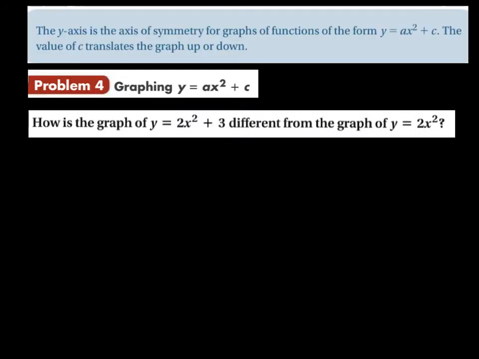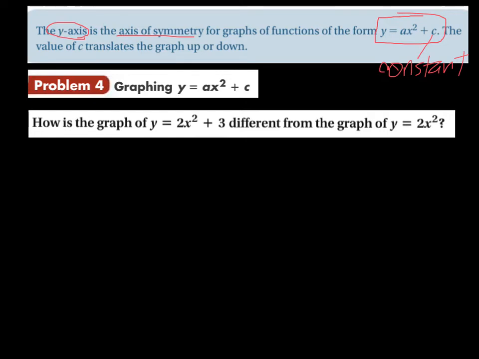Okay. So for the next thing we're looking at, we talked a little bit the other day about the axis of symmetry. And when we had our parent function, we knew that the y-axis was that axis of symmetry. It was kind of the dead center of the graph. Okay. So that y-axis is still going to be the axis of symmetry, even if we have a function in this form of y equals ax squared plus c, where we have some constant being added to my x squared term.